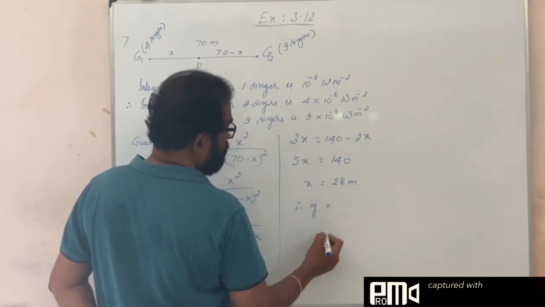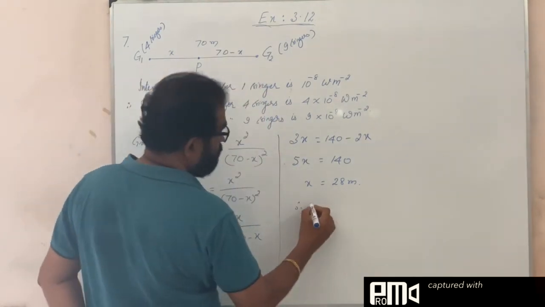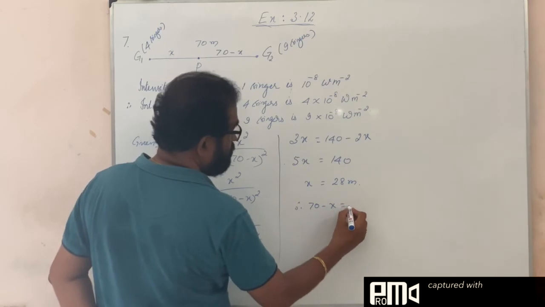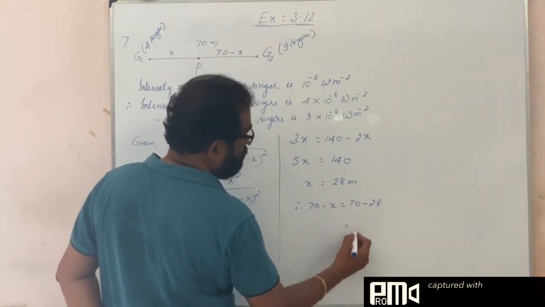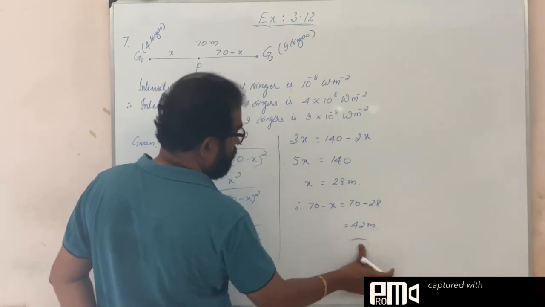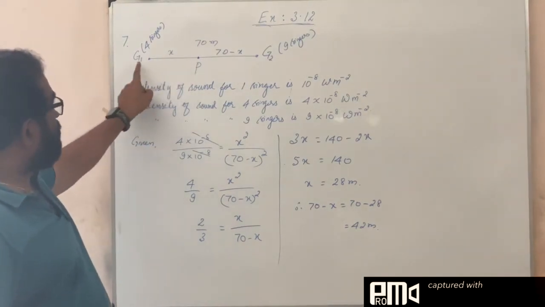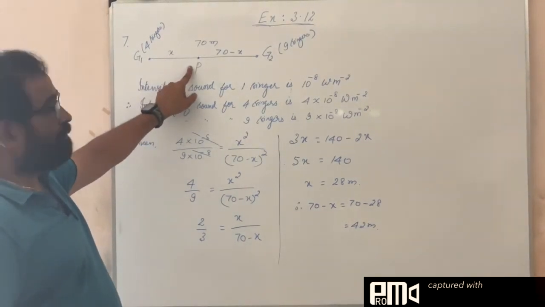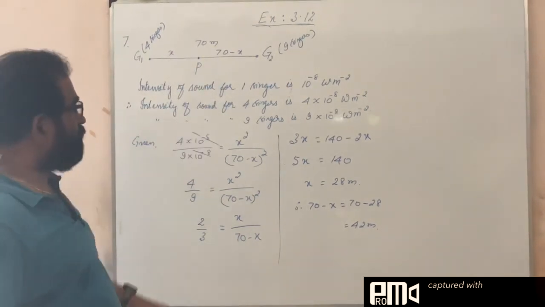Therefore, y, we didn't take y, it is 70 minus x. 70 minus x is equal to 70 minus 28, that is equal to 42 meters. So the person must be at a distance of 28 meters from gallery 1 and 42 meters from gallery 2 to hear the same intensity of voice.